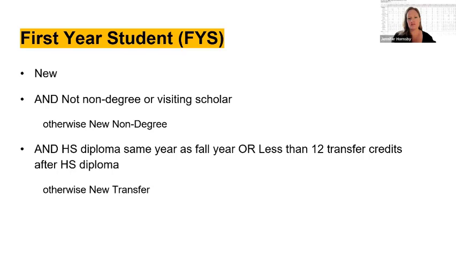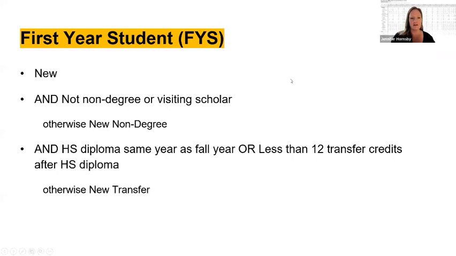So for example, students that are graduating from high school this year and starting at ASU next summer or fall will all be considered first-year students next fall. If they're new in the summer and they enroll, they're still new again in the fall. And that's everyone who's graduating from high school this spring will be a first-year student next fall.